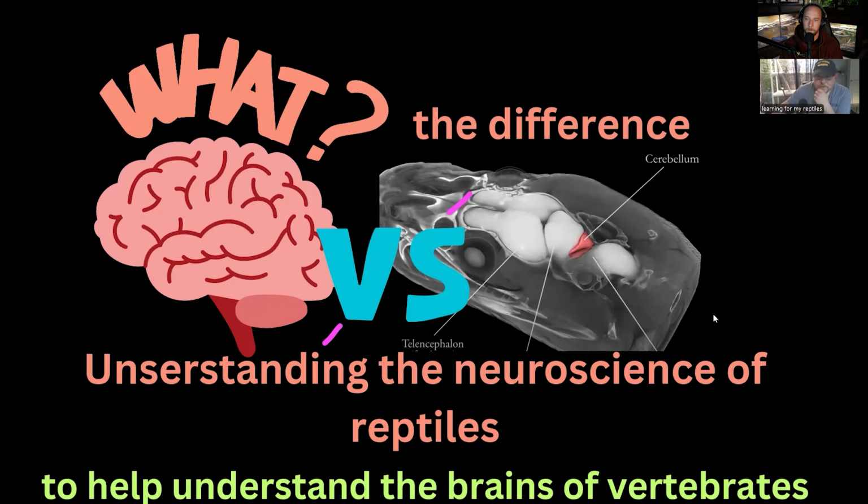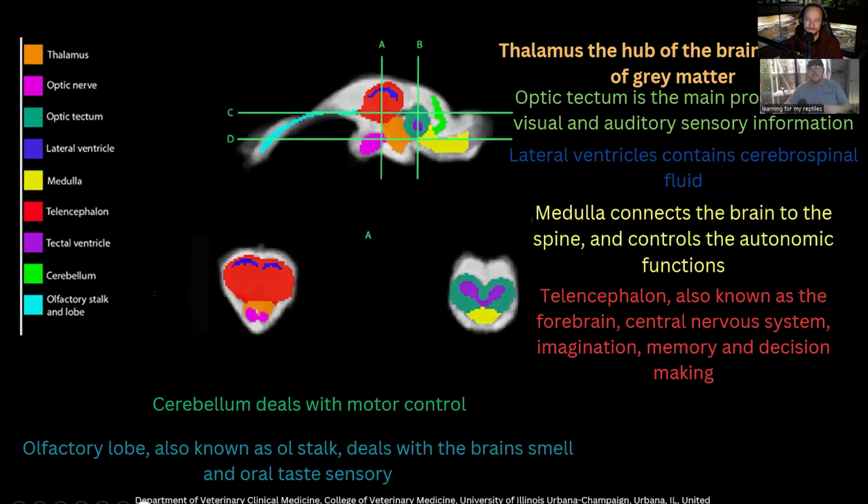Yeah, that's cool. I like that idea because that way you guys get a more detailed look. I started giving this talk last year on understanding the neuroscience of reptiles to help understand the brains of vertebrates. And so this is a bearded dragon brain.